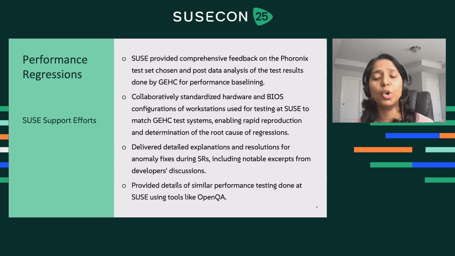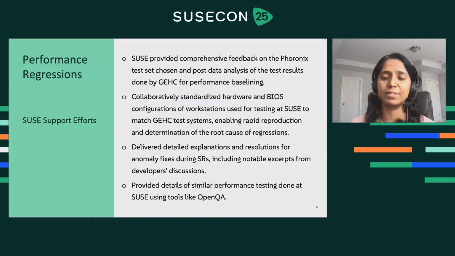SUSE shared notes from developers' discussions about regressions, which helped us understand the internals of the test designs better and also the bottlenecks for the regressions. Also, SUSE has shared its performance testing processes and the tools used by them like OpenQA.